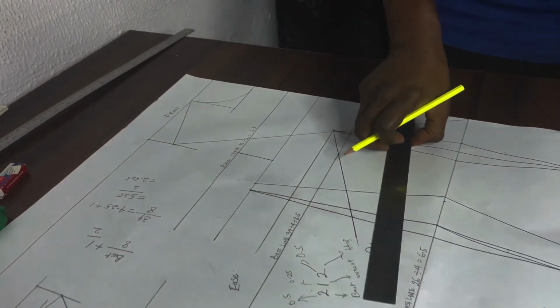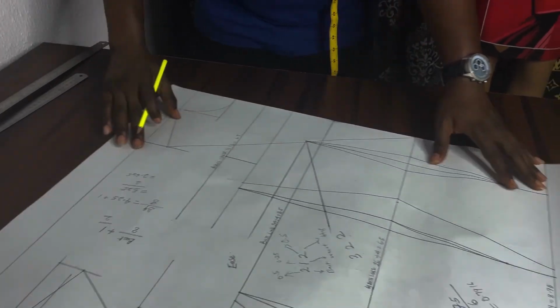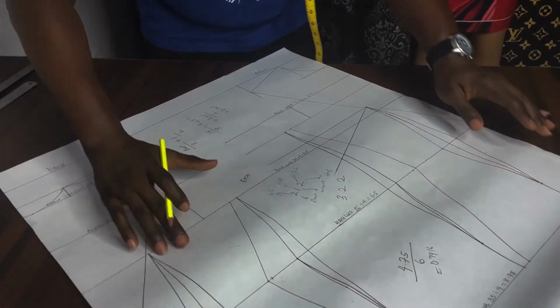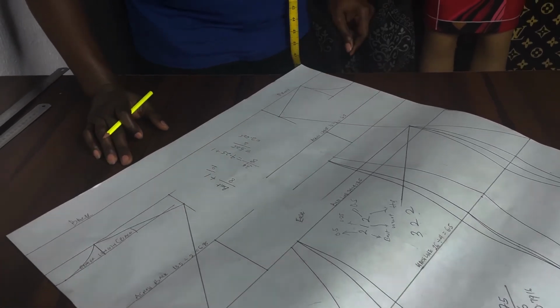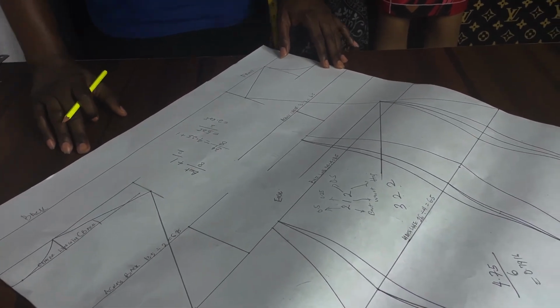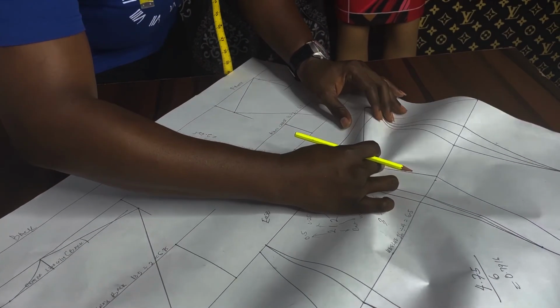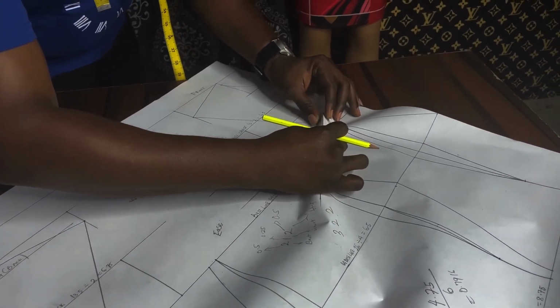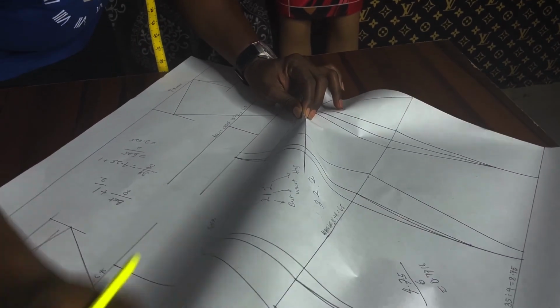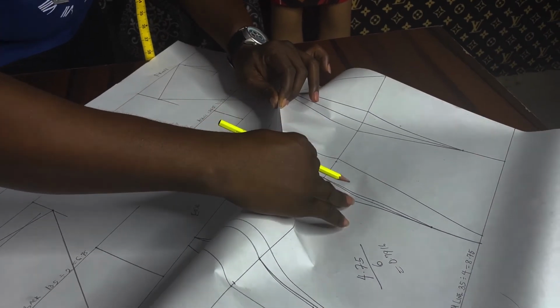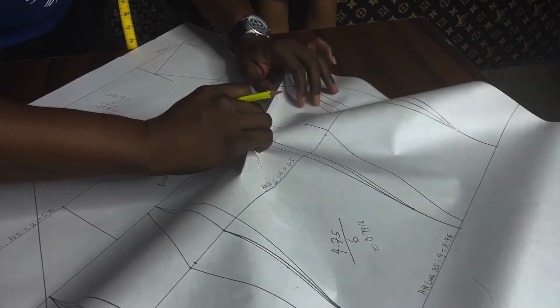As it is right now, we want to throw our darts. How do we throw these darts? By picking the lower parts of this dart leg, trying to make a crease out of it, crease it up.